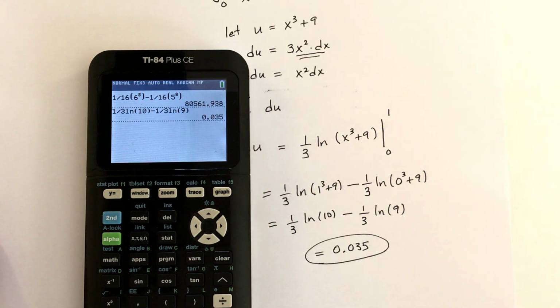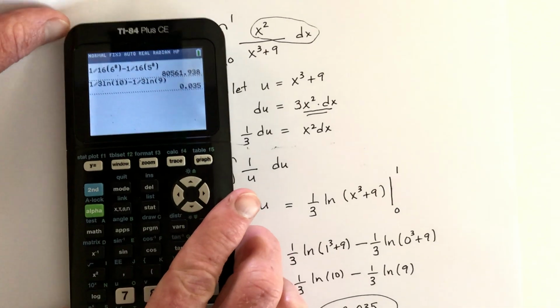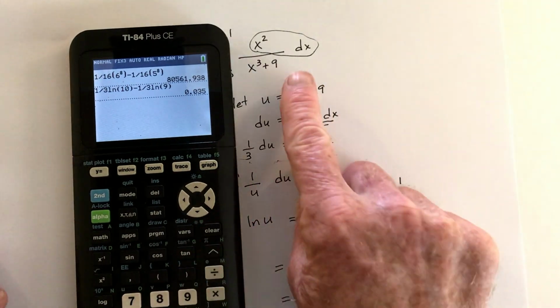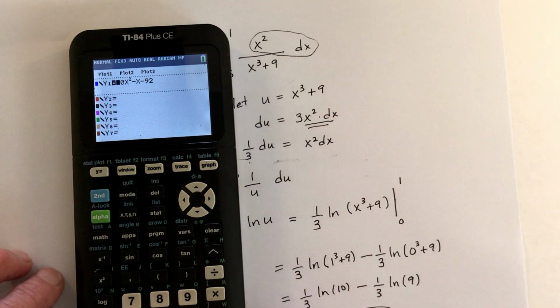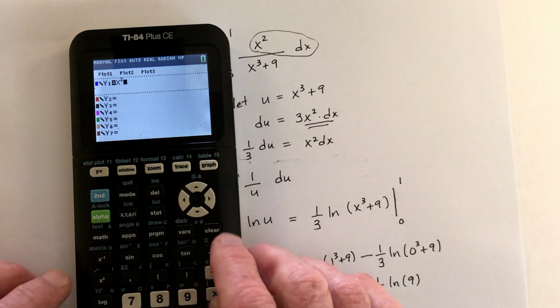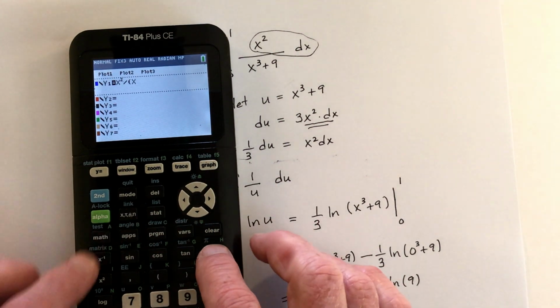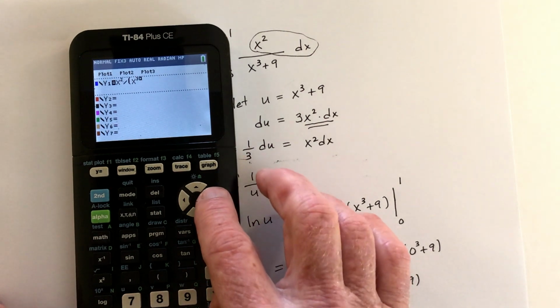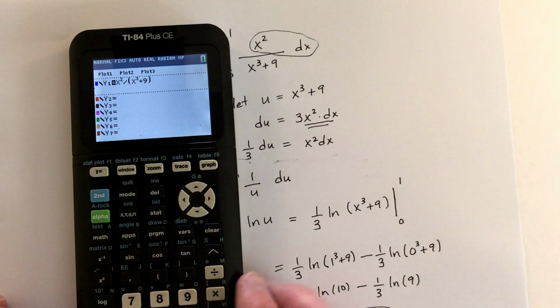And then if you're wondering, is there a way we could check this on the calculator and see if this number is right? Well, you can. So what you can do is go back to the original problem and graph that. So this is, clear this out, x squared gets divided by x cubed, and then move over plus 9 and put that in parentheses.